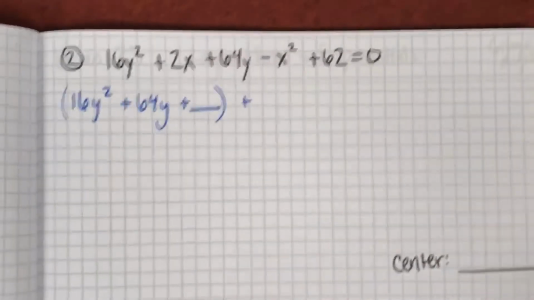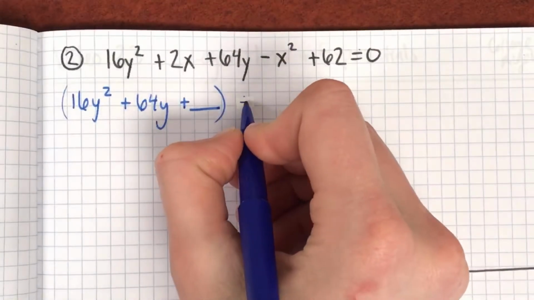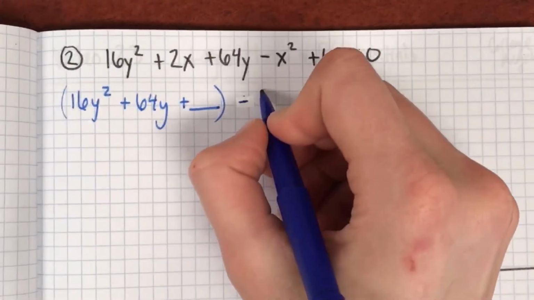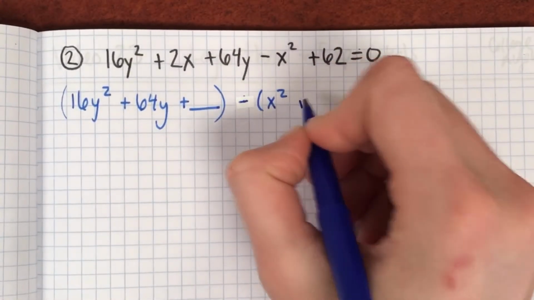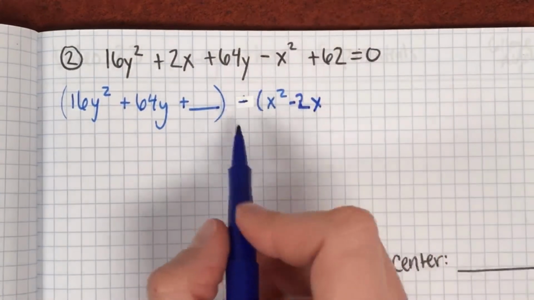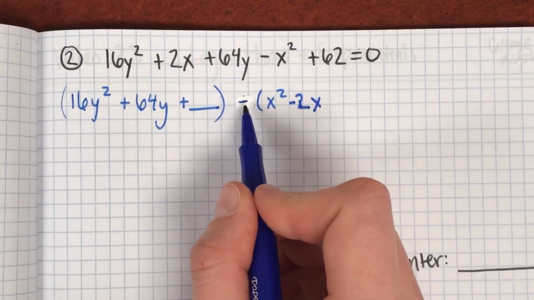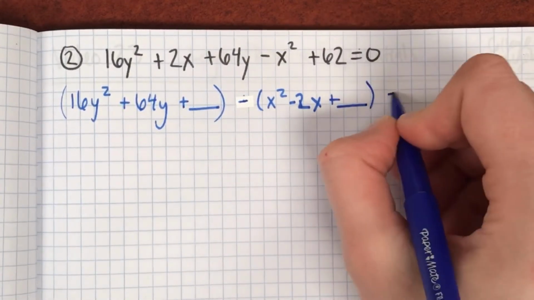And here, this is where we've got that big difference, is we've got a minus sign, x squared, and minus a 2x. I'm going to change that sign since I put the negative here. And then plus a blank.